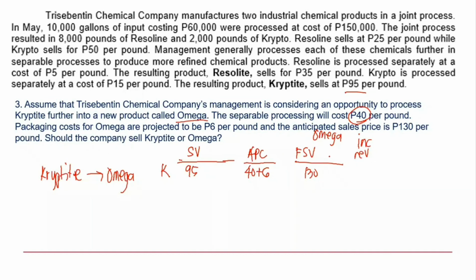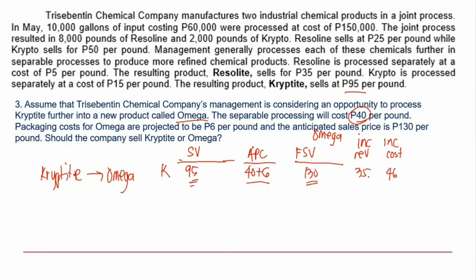How much is our incremental revenue? We're on a per-pound basis, so we can solve per pound first. 130 minus 95 gives us 35 incremental revenue. Our incremental cost is 40 plus 6, 46.